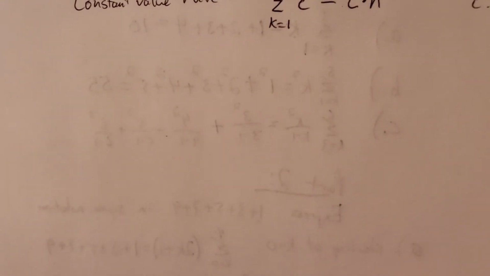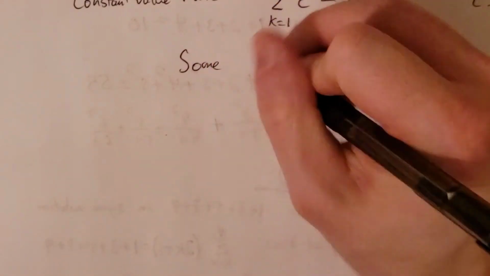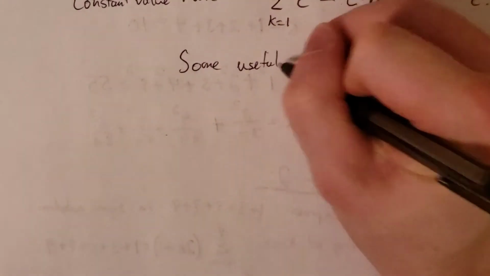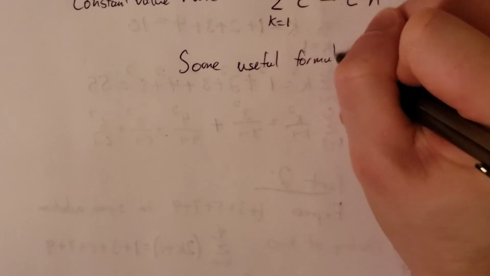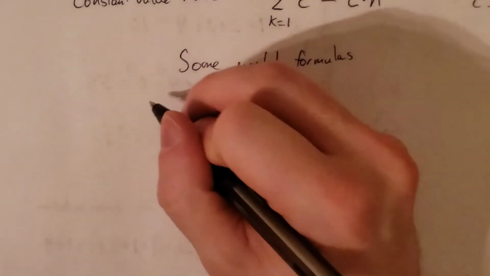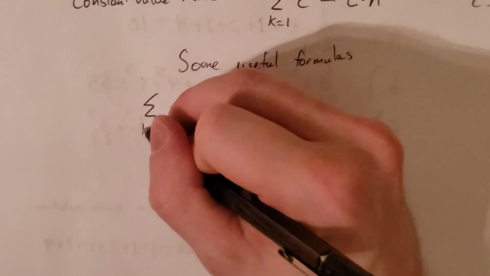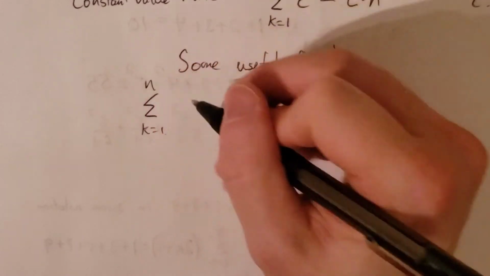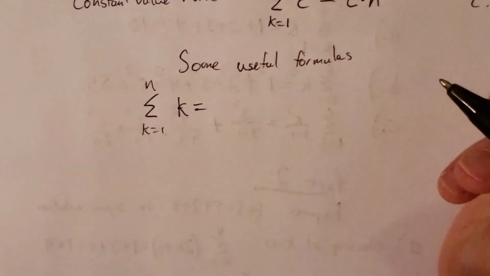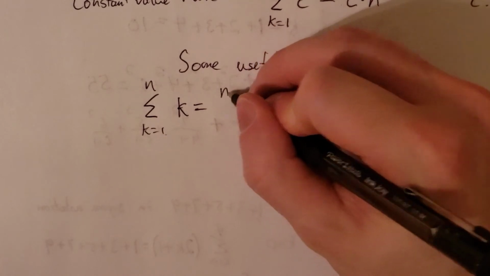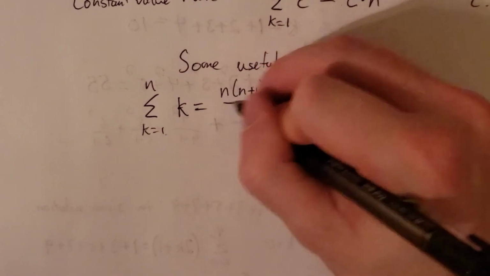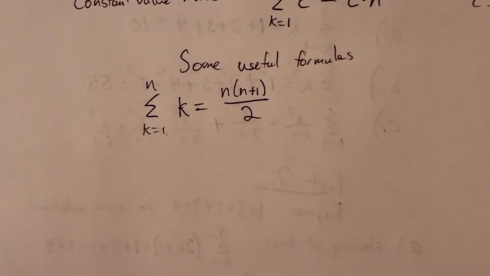And just for completeness' sake, let's write out a couple of useful formulas really fast using sigma notation. What is the sum of the first n integers? Well, it turns out this is just the formula n times n plus 1 over 2.